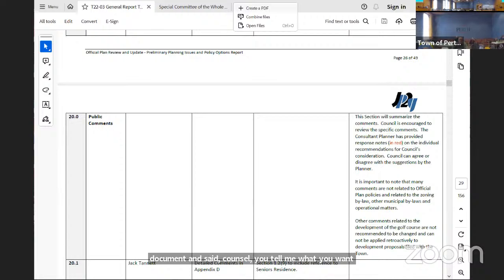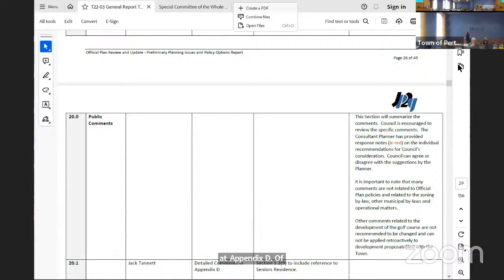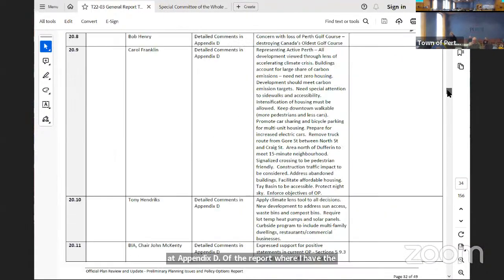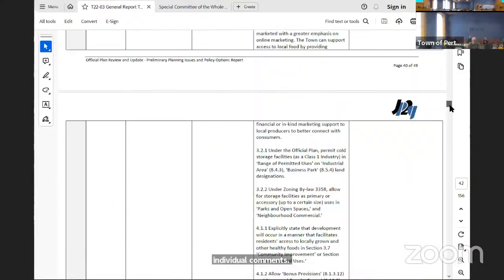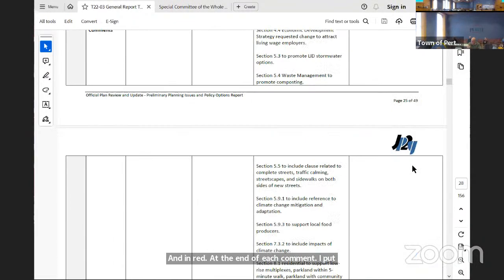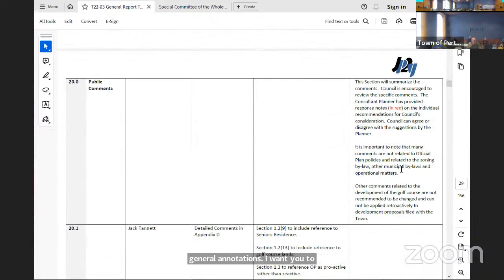When I reviewed the draft with staff, they said, maybe a little bit more direction on the comments would be helpful. What I would like to do is encourage council to look at Appendix D of the report, where I have the individual comments, and in red at the end of each comment, I've put some general annotations. I want you to realize these are my comments, and they are not meant to handcuff council. If you disagree with my comments, I am completely open to that.